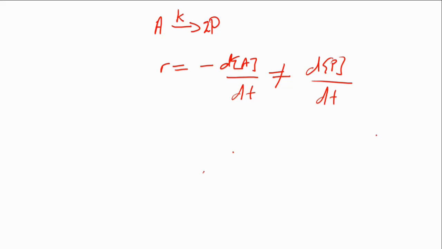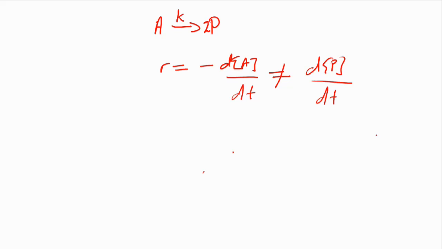So what I'm saying is that in a given time, the rate by which P is being formed will be twice that at which A is being used up. Think about it.